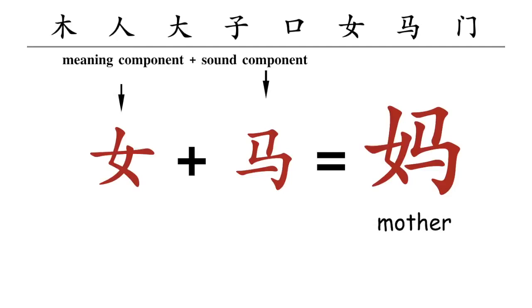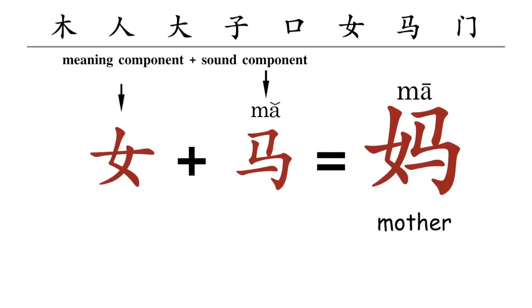We use the sound of it. What's the pronunciation of horse in Mandarin? M-A, the third tone. Ma. If the character mother is borrowing the sound of the character horse, then what's the pronunciation of the character mother? M-A, the first tone. Ma.